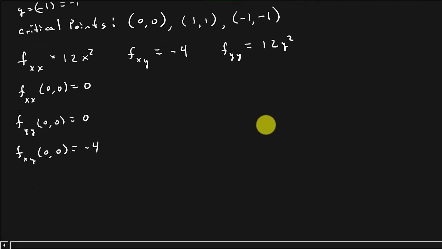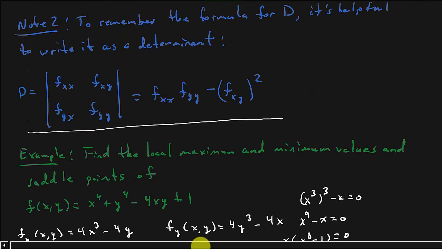And so now we can see that D is equal to 0 times 0 minus -4 squared, which is equal to -16, which is less than 0. D is negative, right? And what did it say up here?